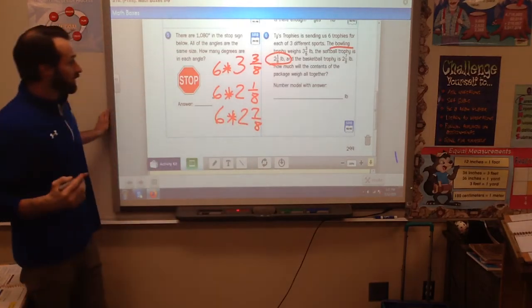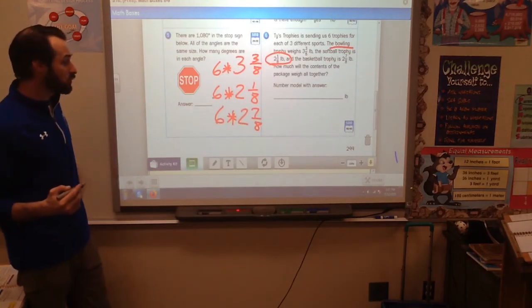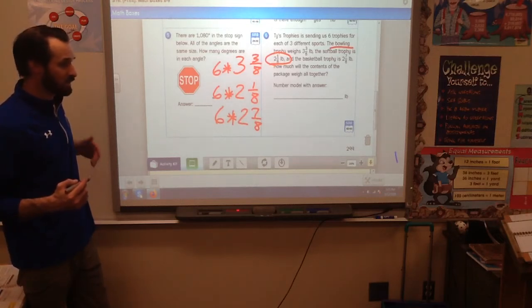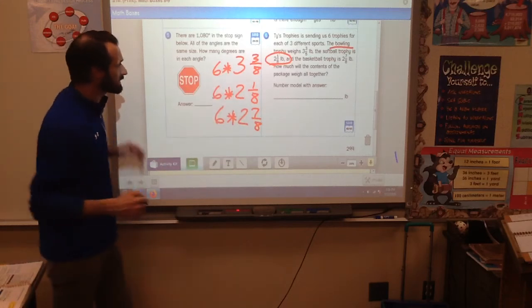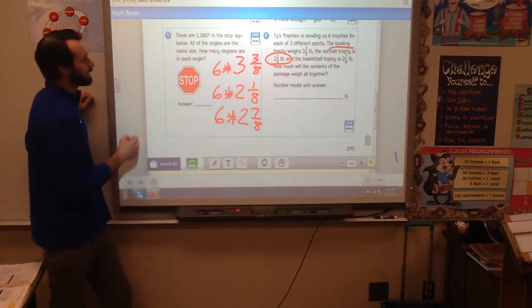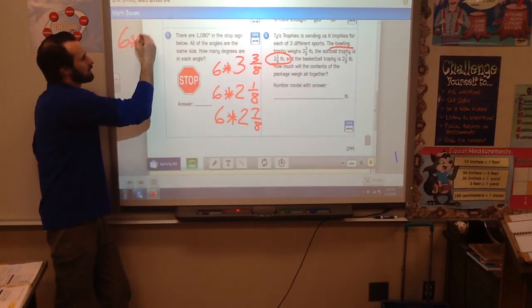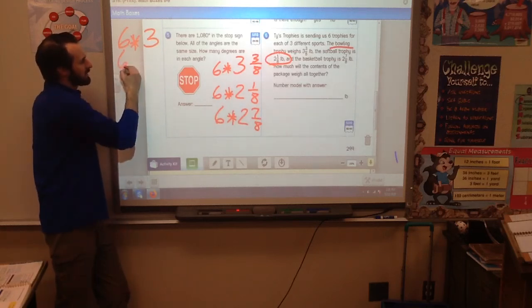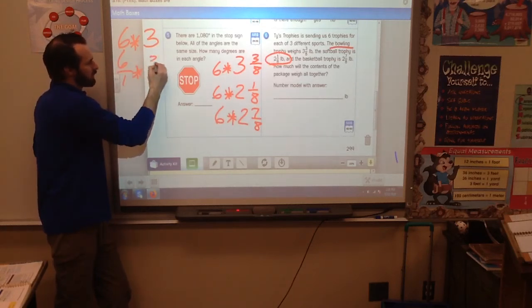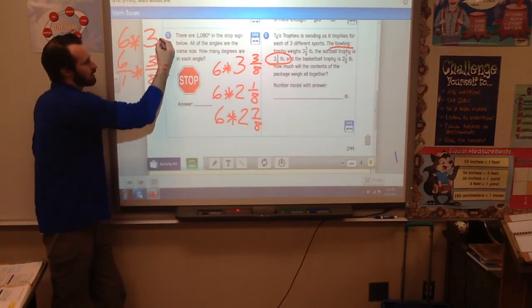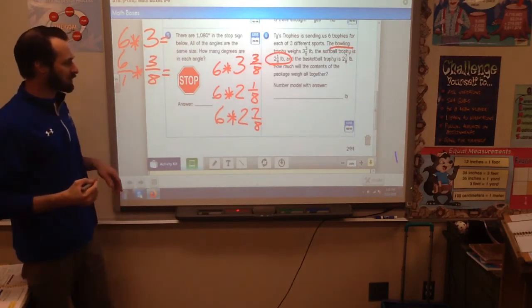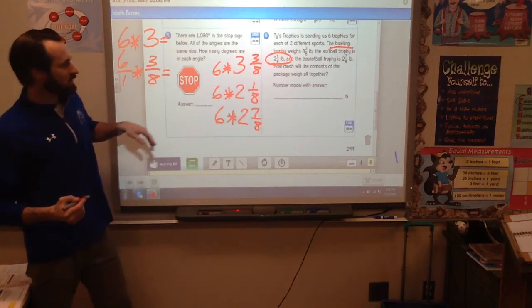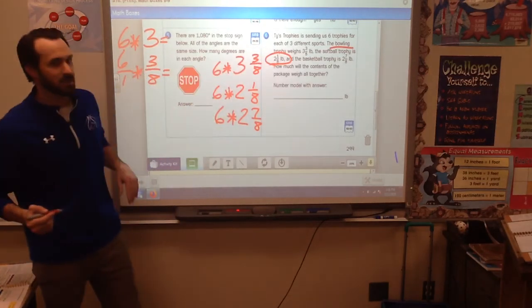Now, I recommend doing this as 2 problems. But your other option would be to change these back into improper fractions. So let's hypothetically say I was doing the bowling one. I would do 6 over 1 times 3 over 8, and then this is going to get you an improper fraction. But the answer is you've got to solve all of these and add them up.